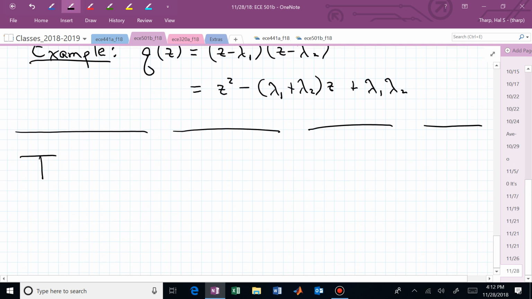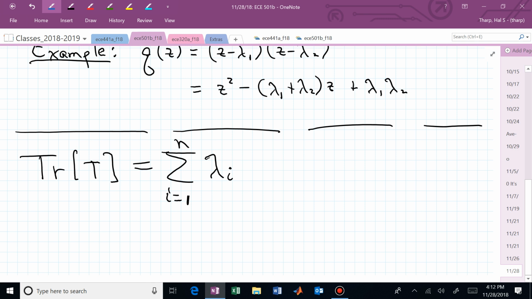The trace of this linear operator t is now what we had defined to be the sum of these eigenvalues of t, where we actually have to keep track of the multiplicities in lambda sub i. If they're repeated, we need to keep those in the sum.